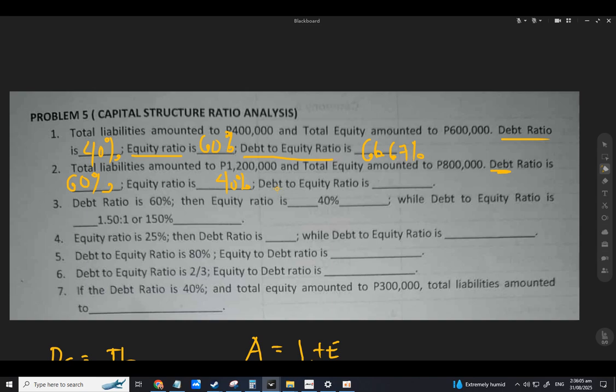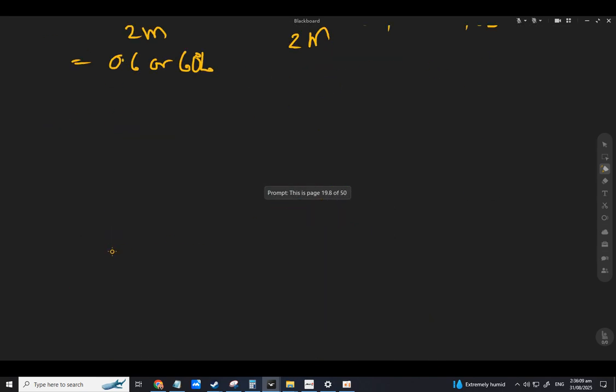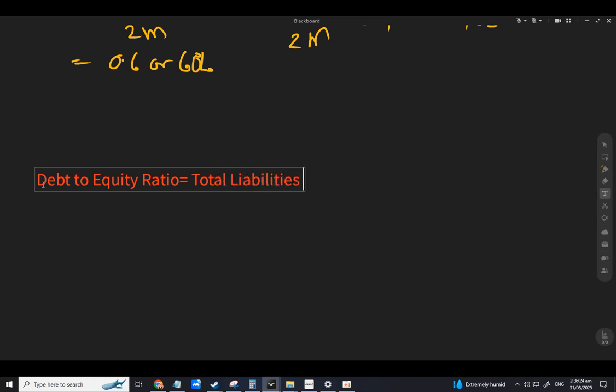How about the debt to equity ratio? What is the formula again? Debt to equity ratio is equal to total liabilities over total equity.